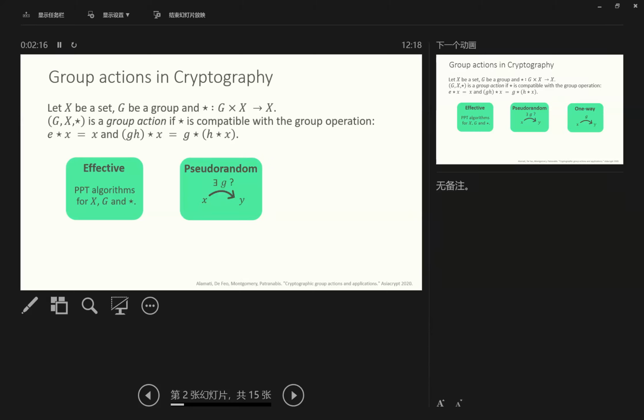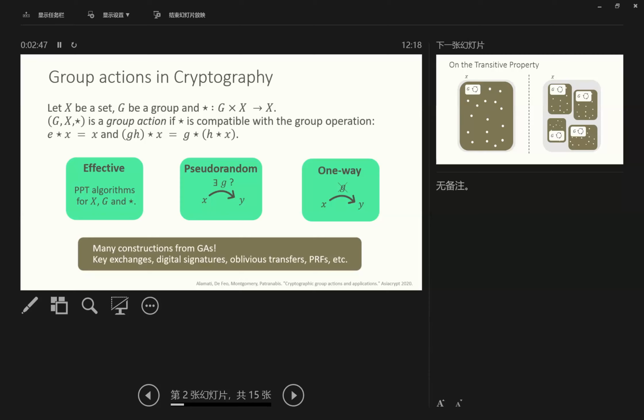Sometimes we want our group action to be decision-hard. This means that given X and Y in the set, it must be hard to tell whether there exists an element of the group G sending X into Y. Then our main assumption is the one-wayness of the action. Given X and Y linked by a G, it must be hard to find such a G.